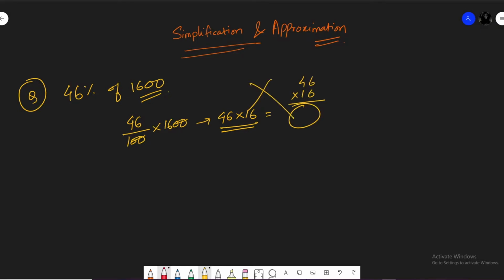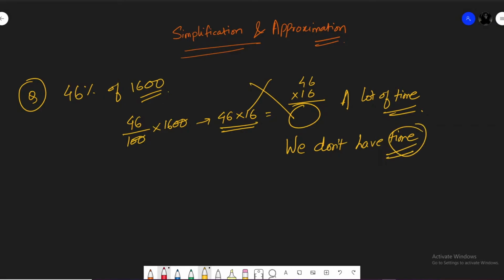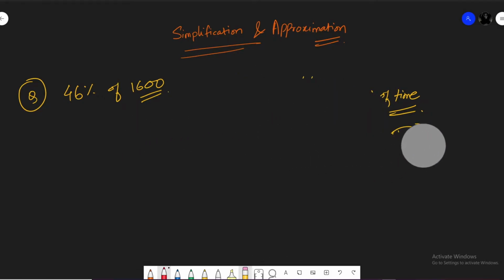But this is a wrong process because it will take a lot of time, and as mentioned in the previous video, we don't have that much time. Our main enemy is time. So there is a much simpler process how we can solve this sum without picking up our pen.